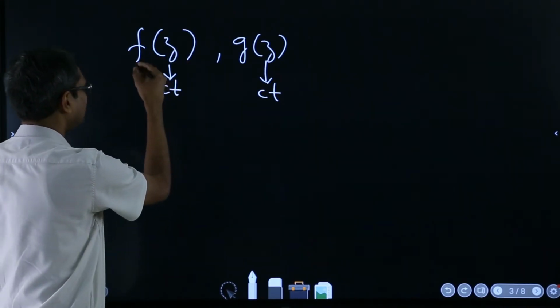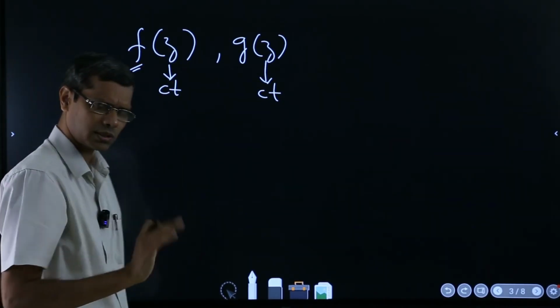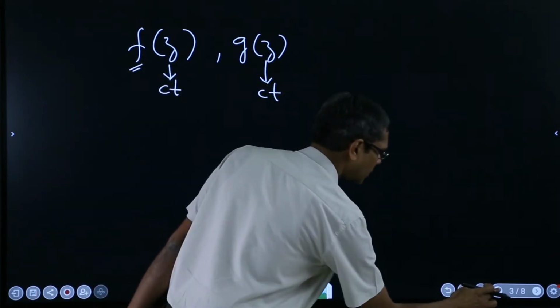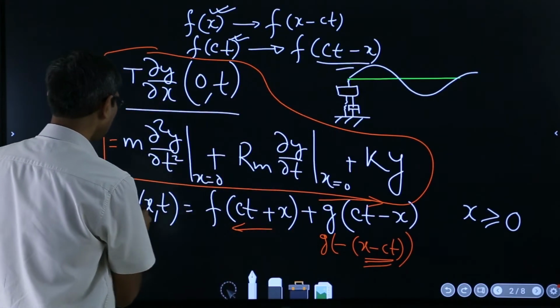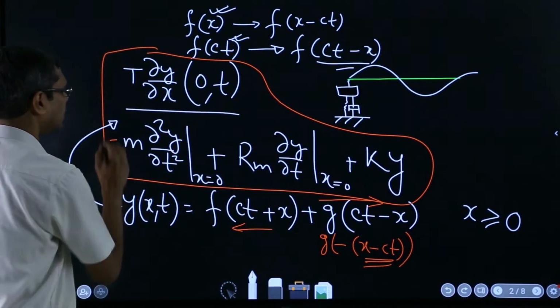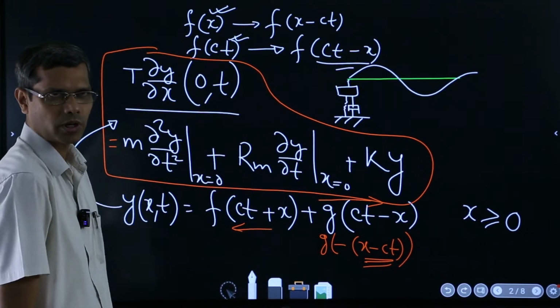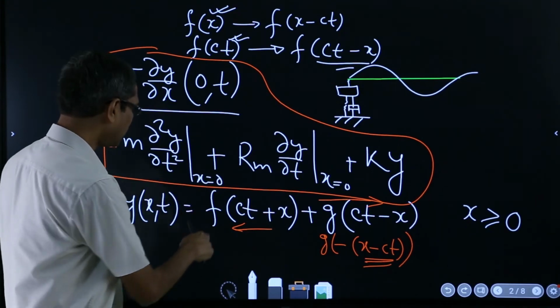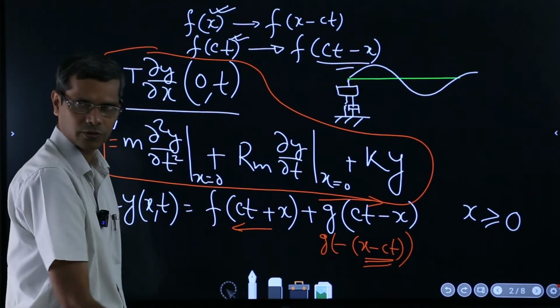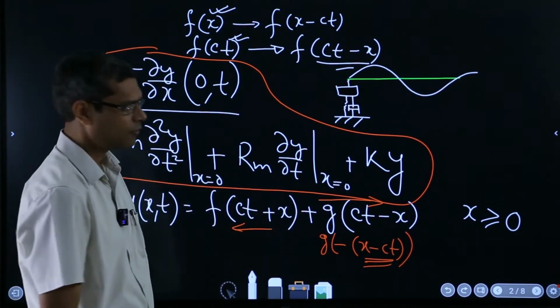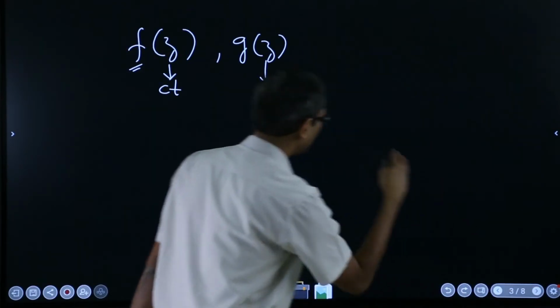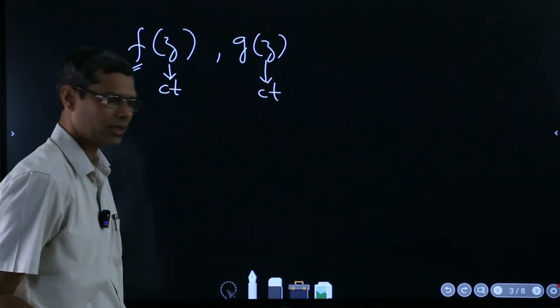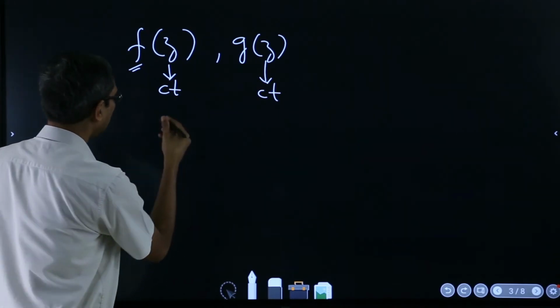The argument is just z, and you substitute this here, because this has to satisfy this at x equal to 0, and when x is equal to 0 this becomes f of ct and g of ct, which we have just denoted by z for making it short. There is one more reason, I will come to that.